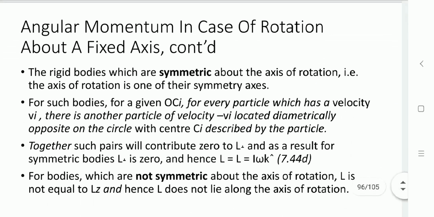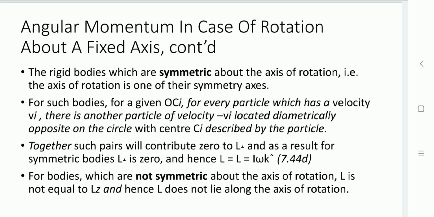Here the rigid body is symmetric about its axis of rotation. So for every particle with a velocity v_i, there is another particle having a velocity minus v_i, in the opposite direction on the circle of C_i.